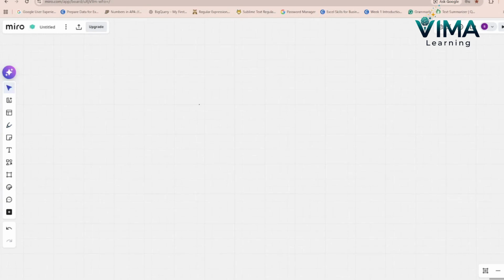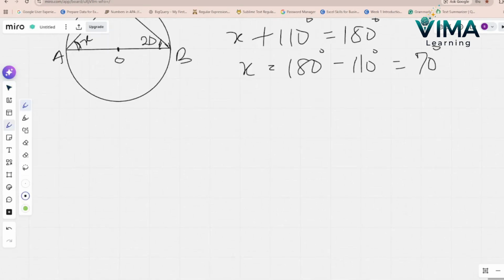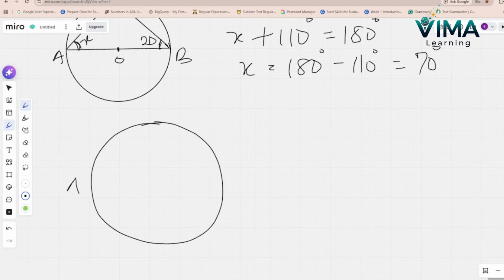Now let's look at one more before we go. If we have a circle and we have a point A and a point B, passes through the center O. So we're trying to get this question down, and this is angle X. This is 34 degrees.